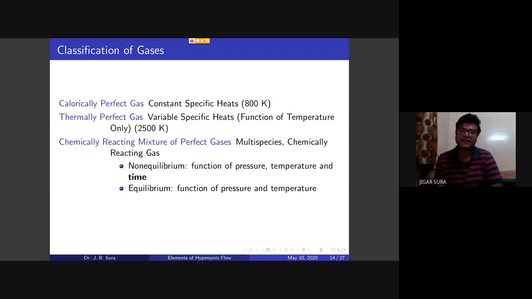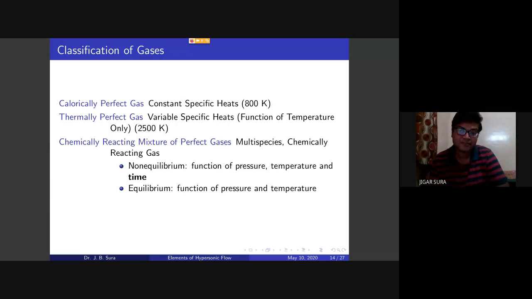But if you take a reading after 2 seconds, 3 seconds, then the entire room will be at the same temperature and pressure conditions. At that time you can say that my room is under equilibrium, so a function of pressure and temperature only. So whether we should use non-equilibrium or not is the question.